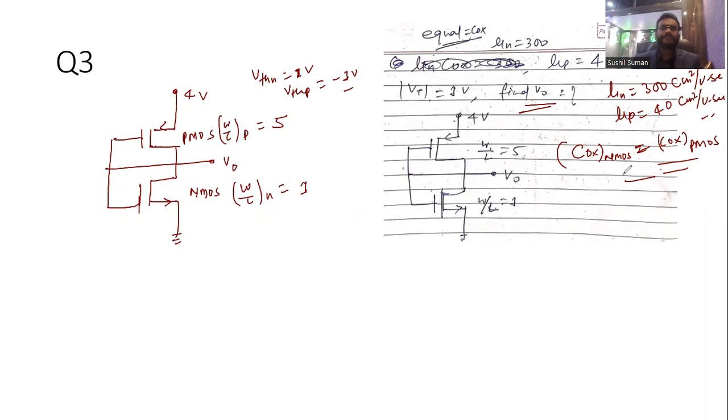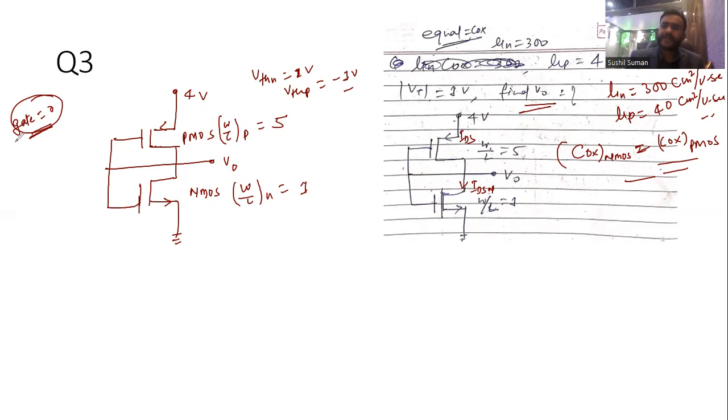As you know, the IDS current of NMOS is the same as the IDS current of PMOS, because the gate current is 0 inside any MOSFET. So if the gate current is 0, the PMOS and NMOS currents will be the same.